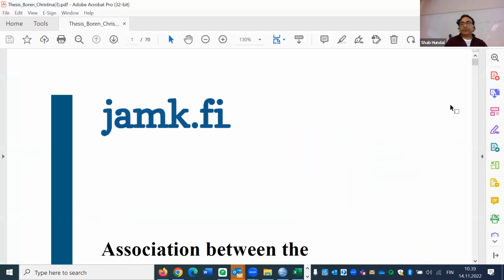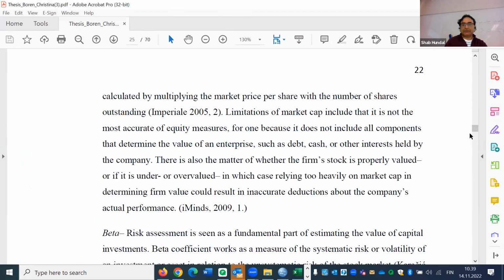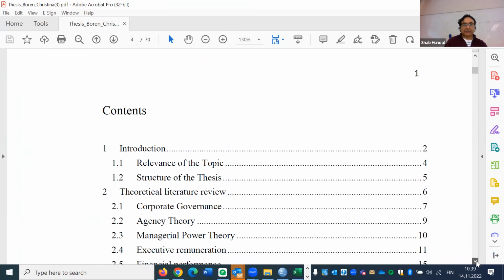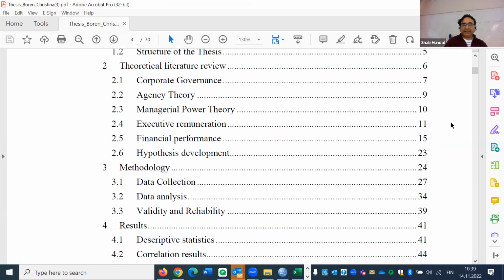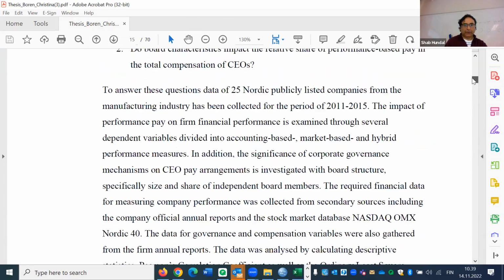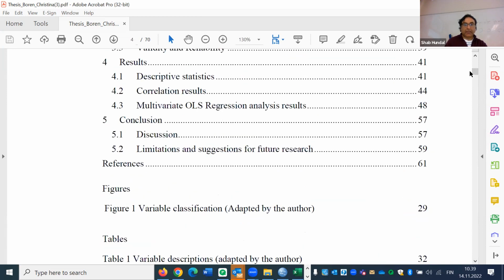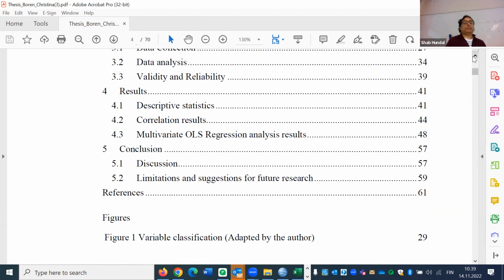As you can see on the computer screen, when we do the data analysis, I can show you from the contents page. The third chapter, the data analysis, on page 34. You can see that there are 3 types of analysis that we do.